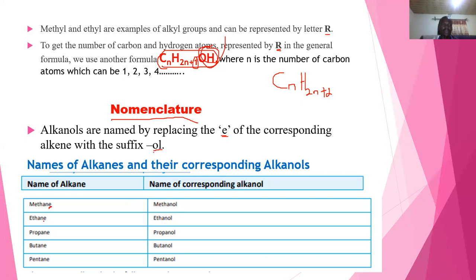In ethane, also we replace this E to form ethanol. Then propane, also we replace this E with OL to form propanol. Butane, the same, we replace the E with OL to form butanol. And pentane, also we can replace E with OL to form pentanol.